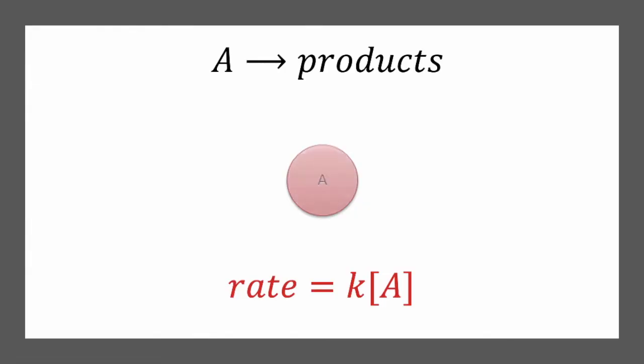In unimolecular reactions, a single species decomposes or rearranges to result in one or more products. And here is an example of how that might look as an equation, and how our rate law would be K times the concentration of A, just a nice first order rate law.